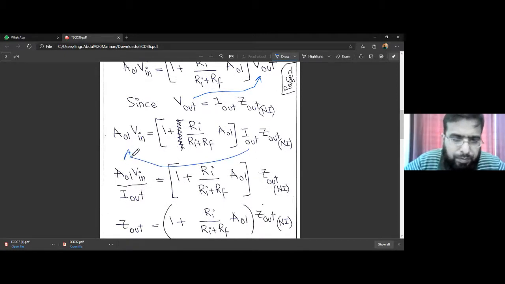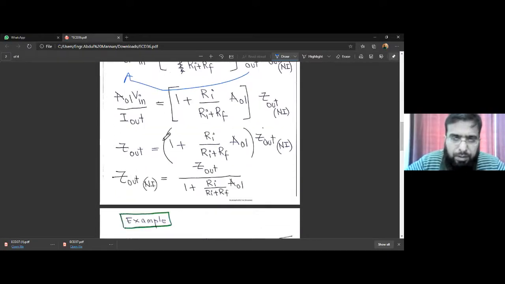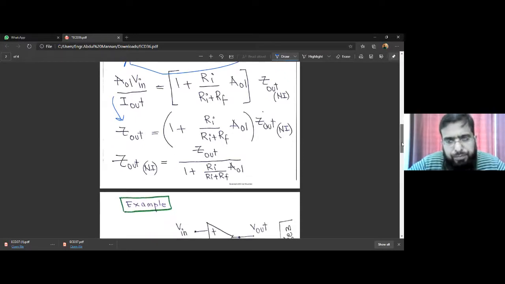the expression on the right hand side is this, and A_OL V_in over I_out can be approximated as Z_out when there is no feedback. So A_OL V_in over I_out is actually the output voltage without feedback divided by the current without feedback.